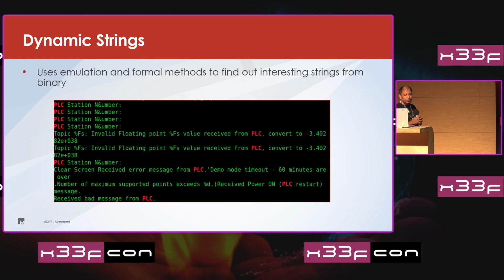Another thing was the static strings which were available in the executable. The other one is dynamic strings. Here we tried some formal methods related work. There's a tool called FLOSS, and we have used that tool to carve such strings from memory as well.